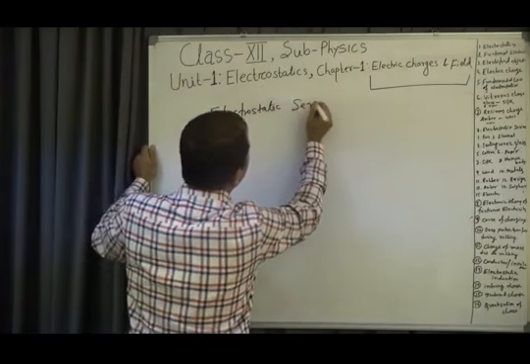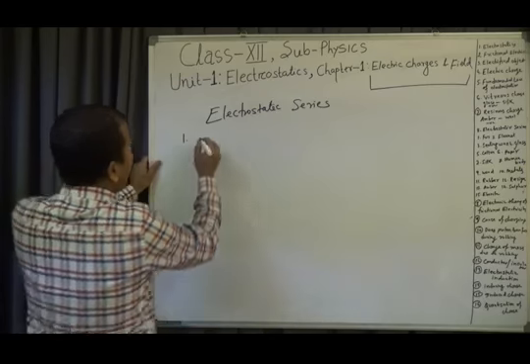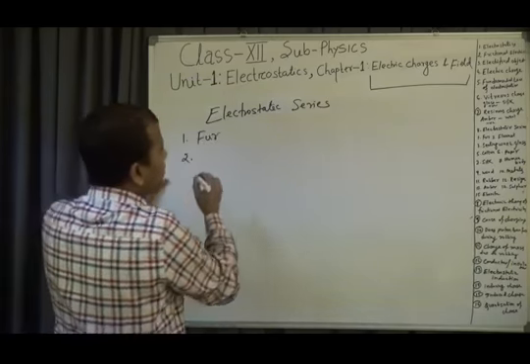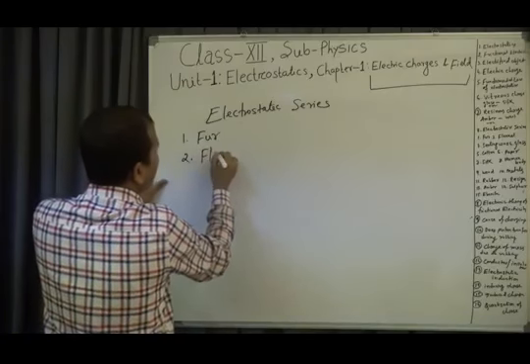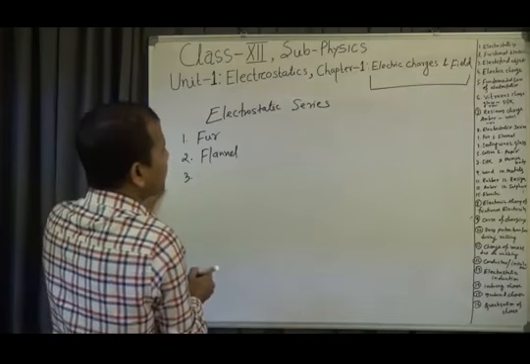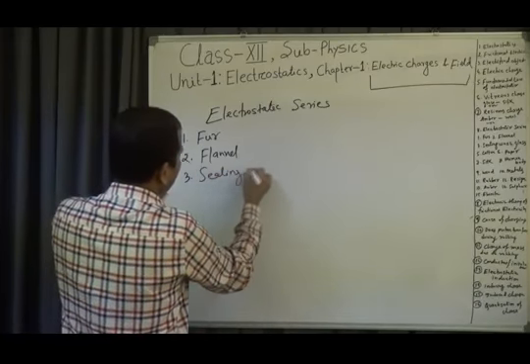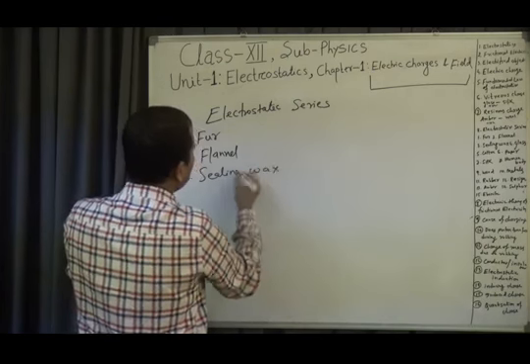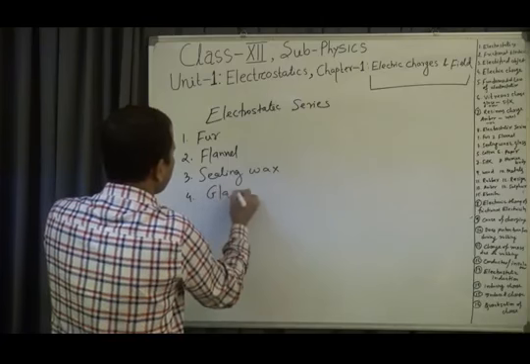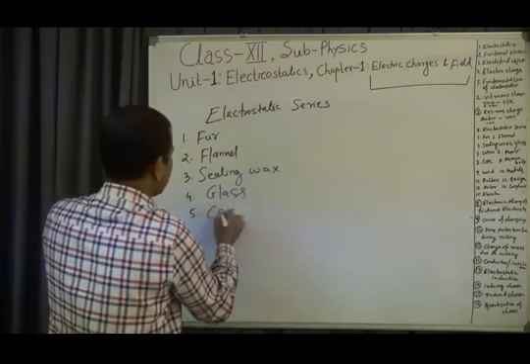Electrostatic series. Number 1, fur. Number 2, flannel. Number 3 is sealing wax. Number 4, glass. Number 5, cotton.